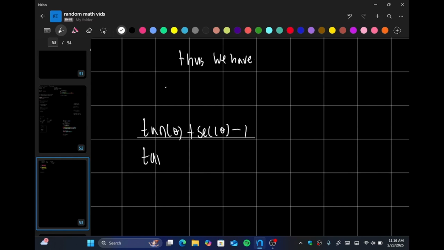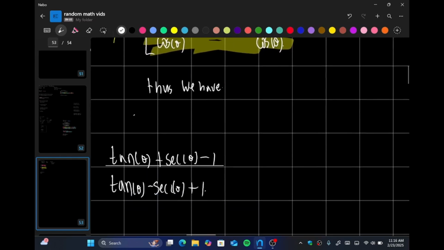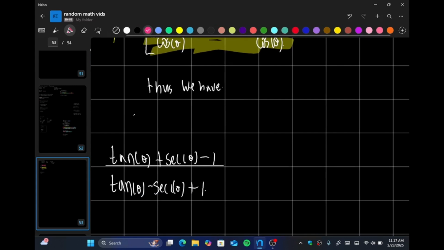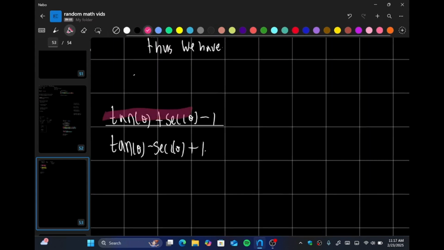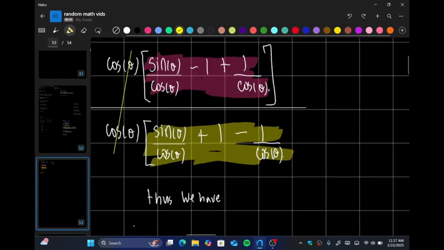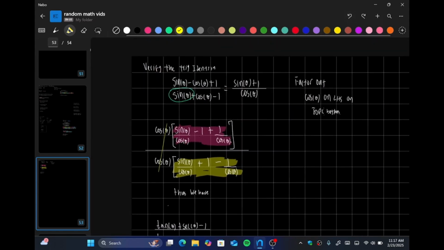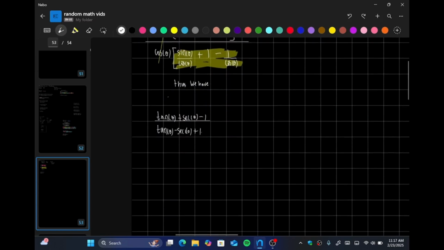So tan theta minus secant theta plus 1. So, as y'all can see, all I did was rewrite that top part like this, and the bottom part I rewrote it like this. Okay, guys, again, we're just manipulating it, and eventually we'll get to see how this will look like the right side.